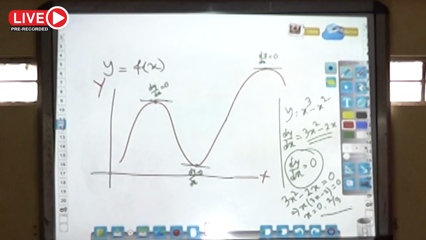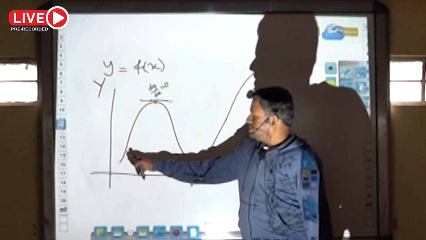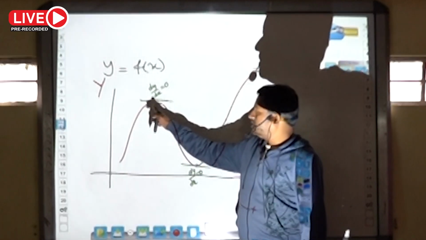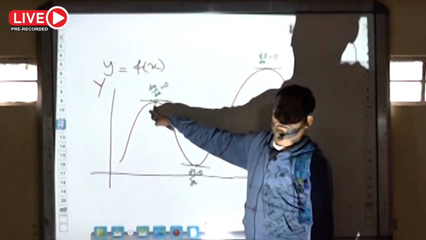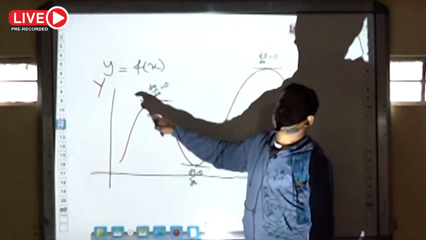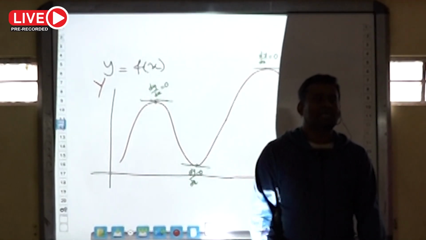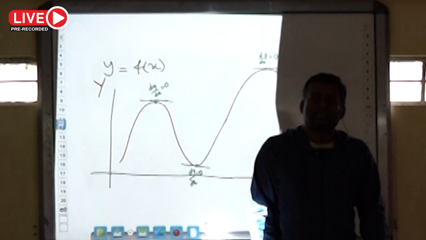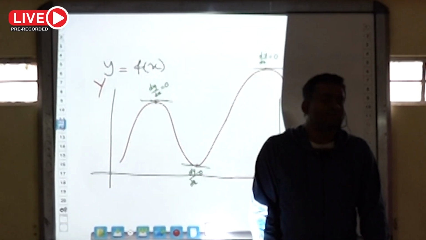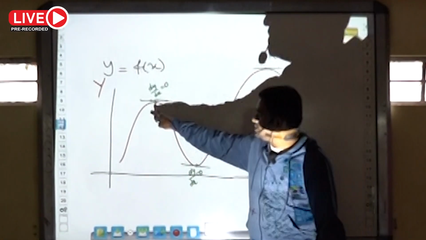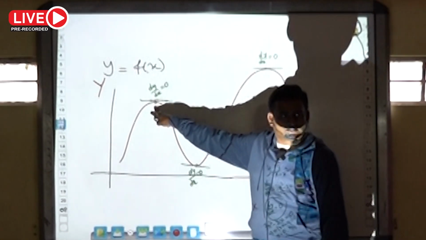Now think of, suppose a mountain climber is climbing and reaches this point. So now if I ask you whether his climbing is complete, what will you say? Climbing is complete up to this point, the peak is reached.